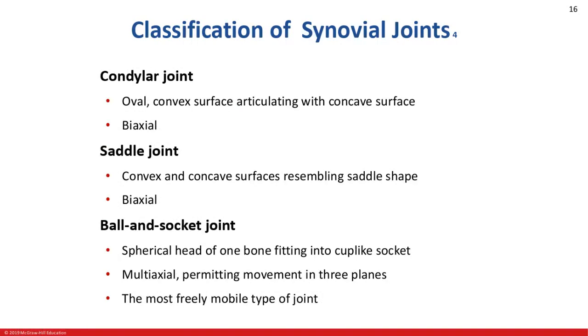Now if you see here, we're starting to get into joints that can move in more than one plane or one axis. So we can see this with the condylar joint, the saddle joint, and the ball and socket joint. Anything that has a condyle, you name a condyle, then we're going to see that movement.